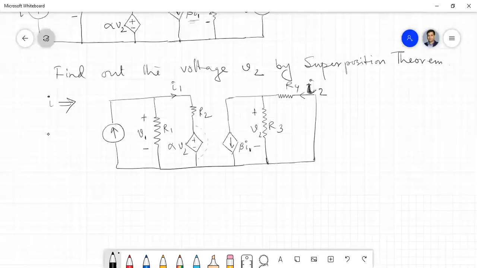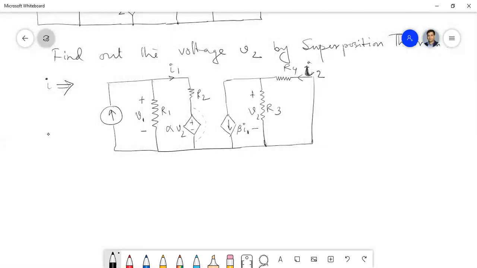Okay, let us first take this one and solve for the voltage V2. এই সার্কিটে V2 টা কি হবে?